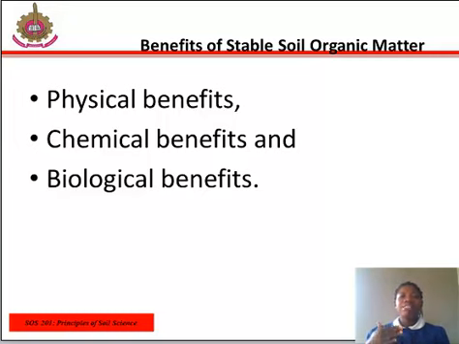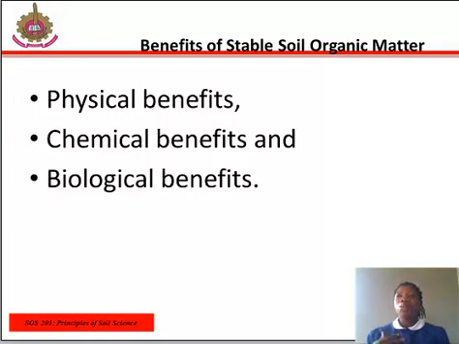There are numerous benefits to having a relatively high stable organic matter in an agricultural soil, and these benefits can be grouped into three categories. We have the physical benefits, chemical benefits, and biological benefits. For physical benefits, it enhances aggregate stability, improving water infiltration and soil aeration, which reduces water runoff.